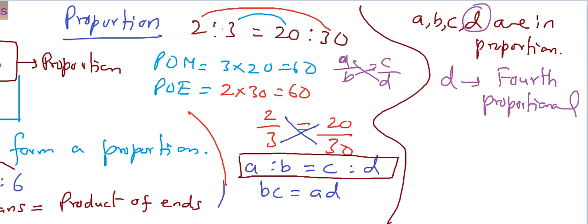So here in this proportion 30 is fourth proportional. There is no name for other terms, only the last one is fourth proportional.